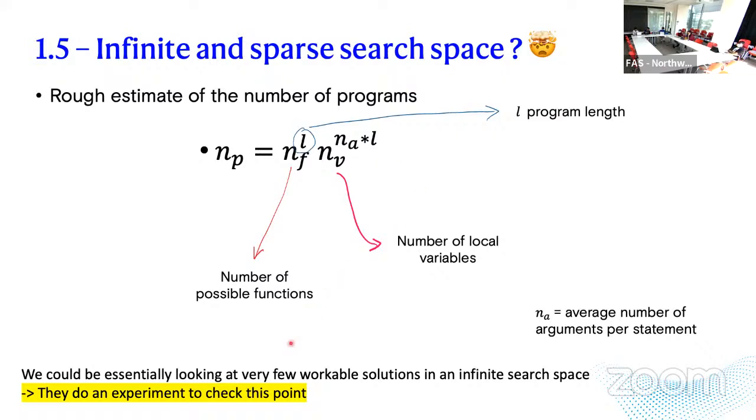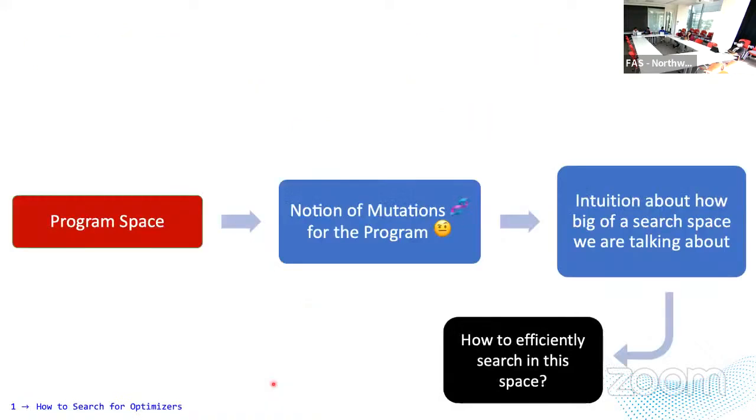So they do an experiment to check this as well. We'll get to that. I mean, just randomly playing around with these functions and seeing whether there's a nice solution. But they do a random search and also show that it doesn't give a good result. Alright, so now we have an intuition on the number of mutations and also the search space.